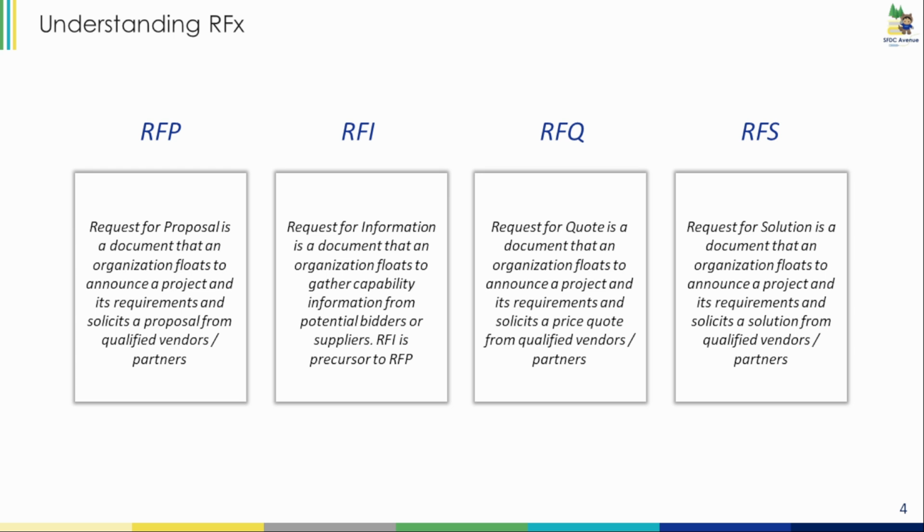Let's understand what RFP means. So the definition goes like this: a request for proposal is a document that an organization floats to announce a project and its requirements and solicits a proposal from qualified vendors and partners.